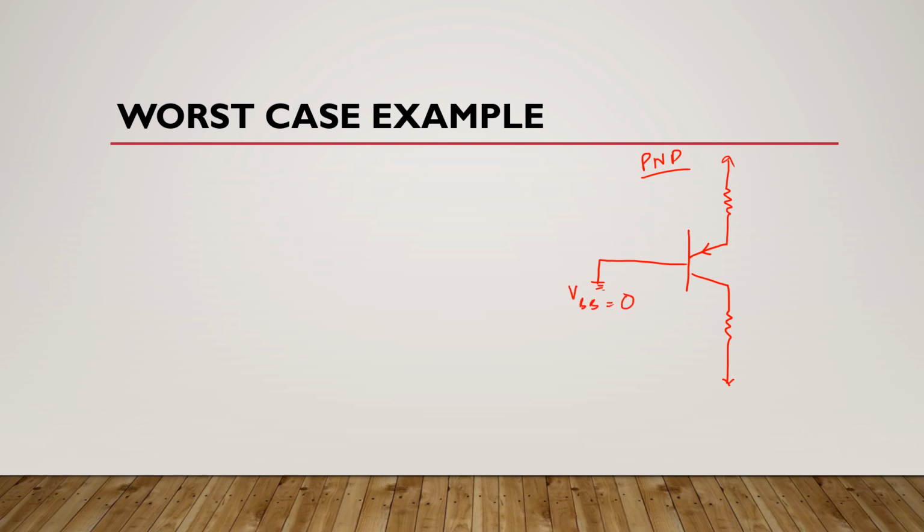Suppose the supply voltage of the emitter is 10 volts and this RE is 2 kilo ohms, and here you have RC, and this VCC is minus 10 volts. Okay, now if beta is 100 and if the condition is worst, then how are you going to find RC here?